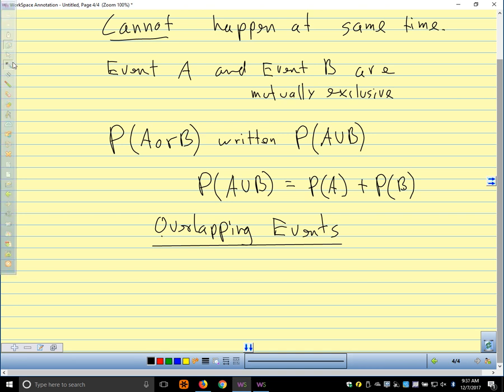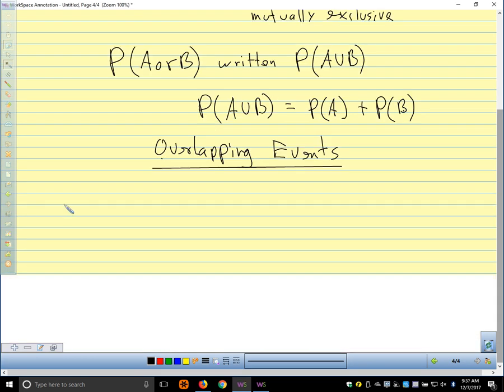Well, some kings are hearts, so those two overlap a little bit. We write the probability of the overlapping events as probability of A intersect B. This is where they overlap. So we have to find the probability of that.